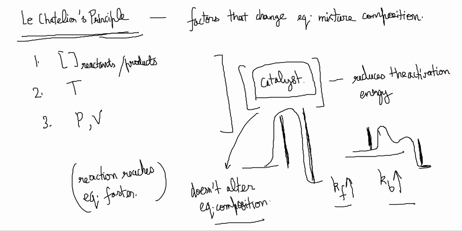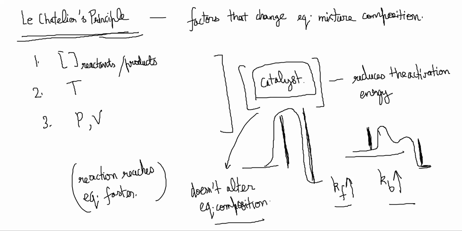So this is a very important principle here. It says that if you change anything in the reaction mixture, any external change that you bring can be called a stress, right? You have added something, you have increased the temperature, you have decreased the volume. All of those externally brought about changes can be called a stress to the system.